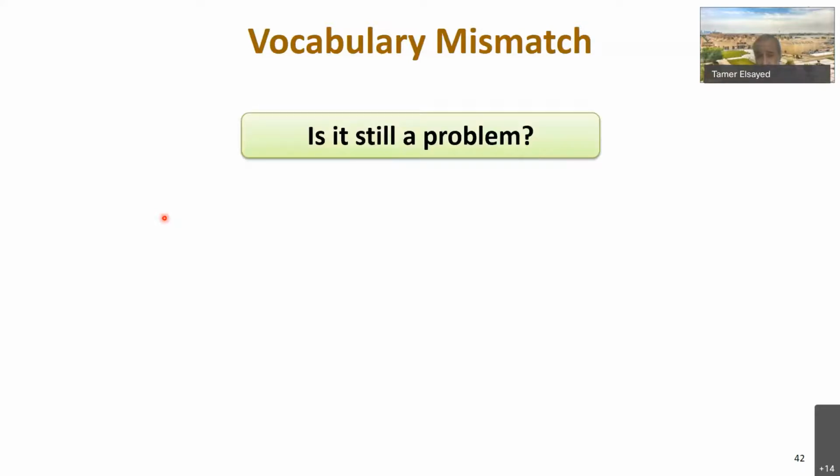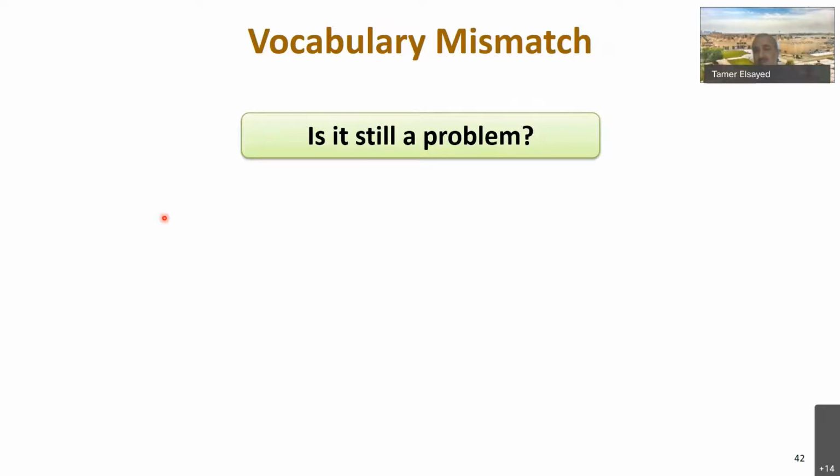With these neural methods, is this still a problem? First, why is that a problem? Of course, it is a problem because of the way that we use the standard retrieval models. The standard retrieval models do matching by exact match, right? The words here have to be here so that they match.